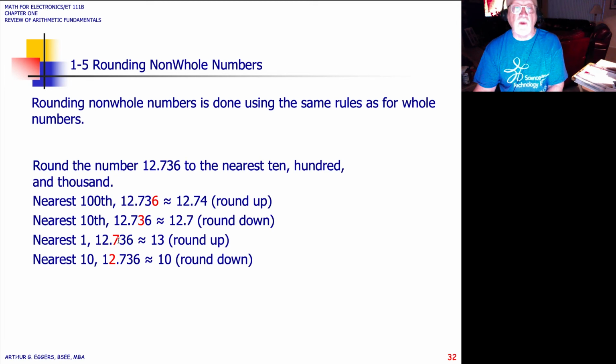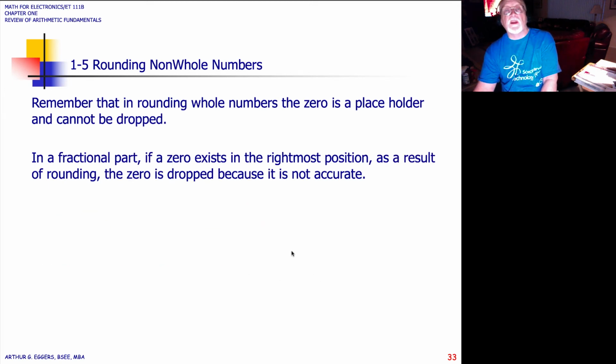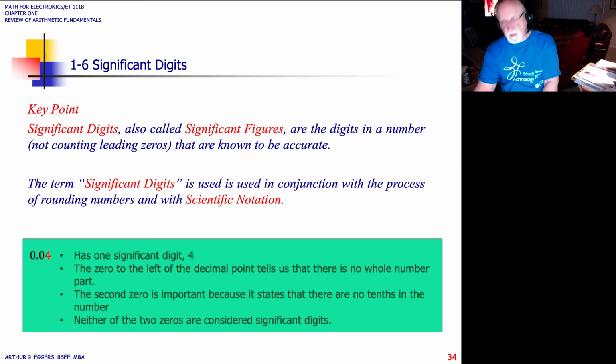And the same thing with the tens digit. In rounding whole numbers, remember that the 0 is a placeholder, but it cannot be dropped. If a 0 exists in the rightmost position as a result of rounding, the 0 is dropped because it's not accurate. The last section here that we'll talk about is significant digits.